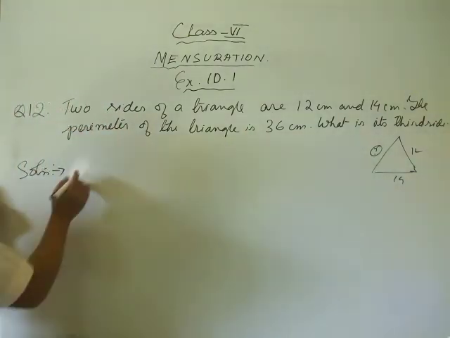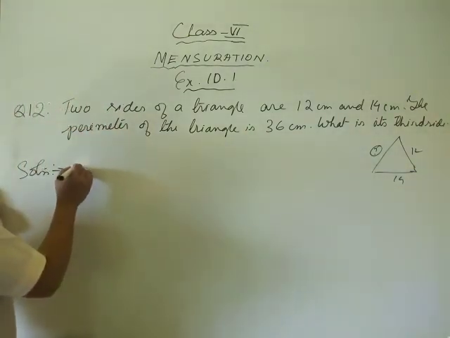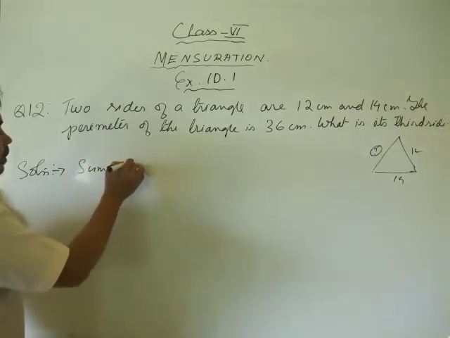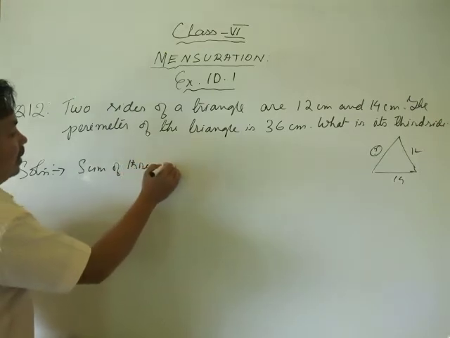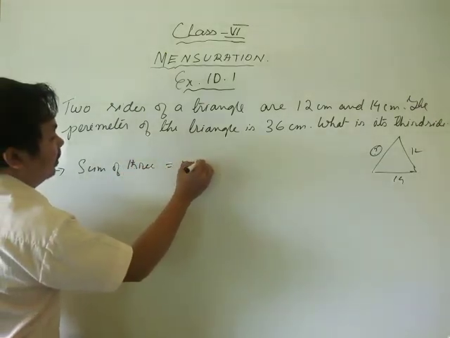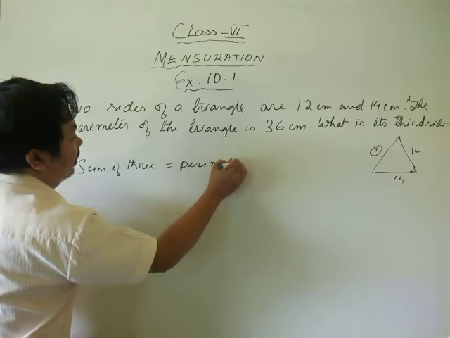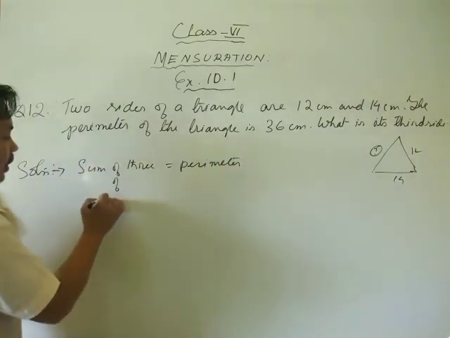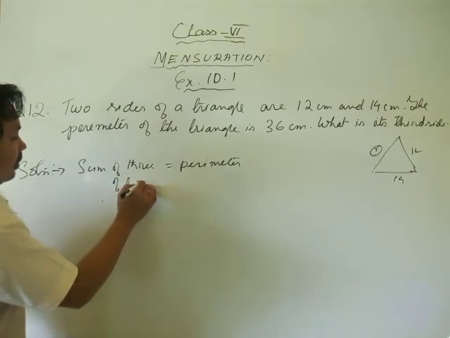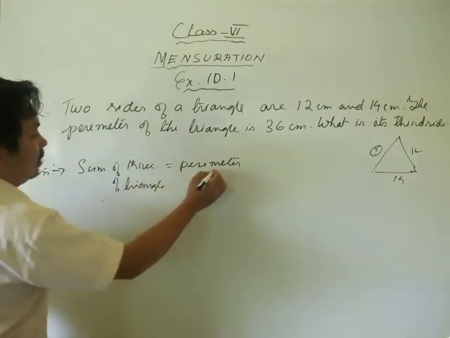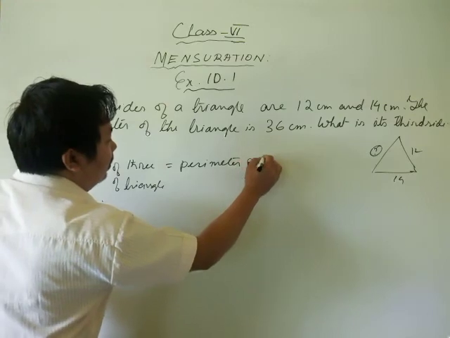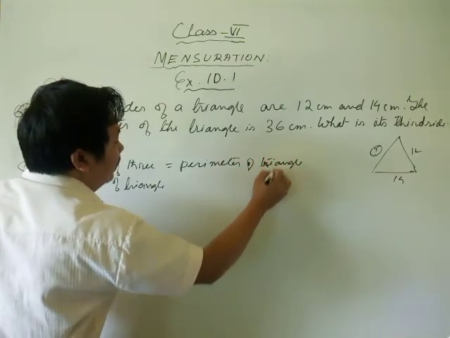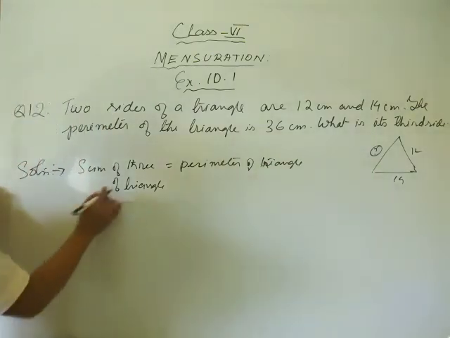So here we know that the sum of 3 sides of a triangle is the perimeter of the triangle.